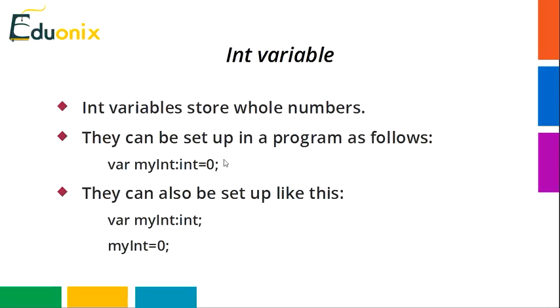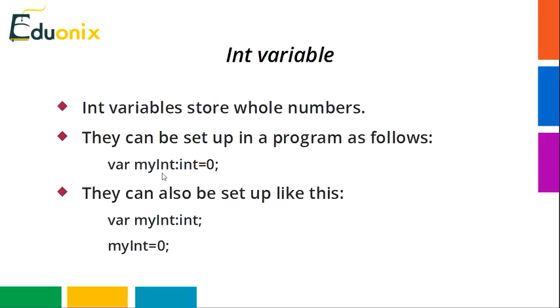And the way to declare an int variable in a program is as follows. You use the var keyword, var, all lowercase, then you give it a name, in this case myInt. By convention, I've used a lowercase for the first word and an uppercase for the second word. I would also use uppercase to start the words if I used any more words inside this name that I've given it.